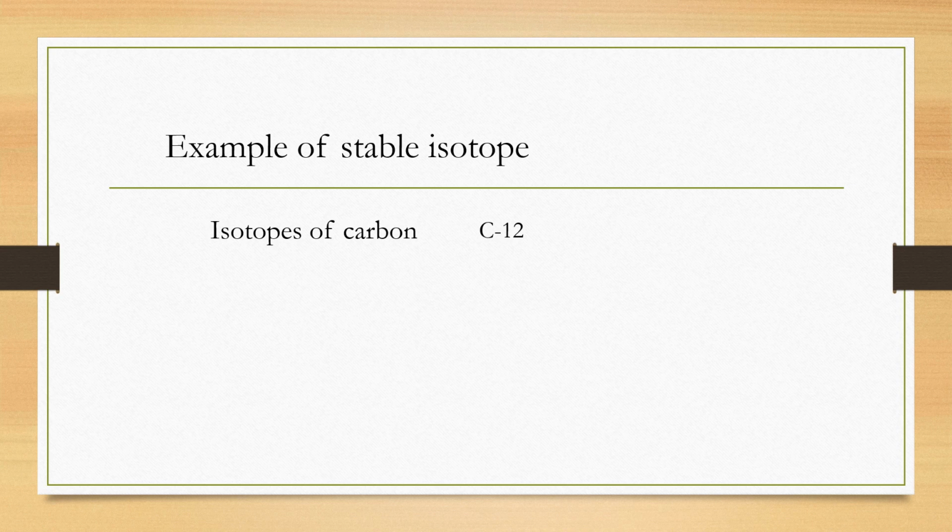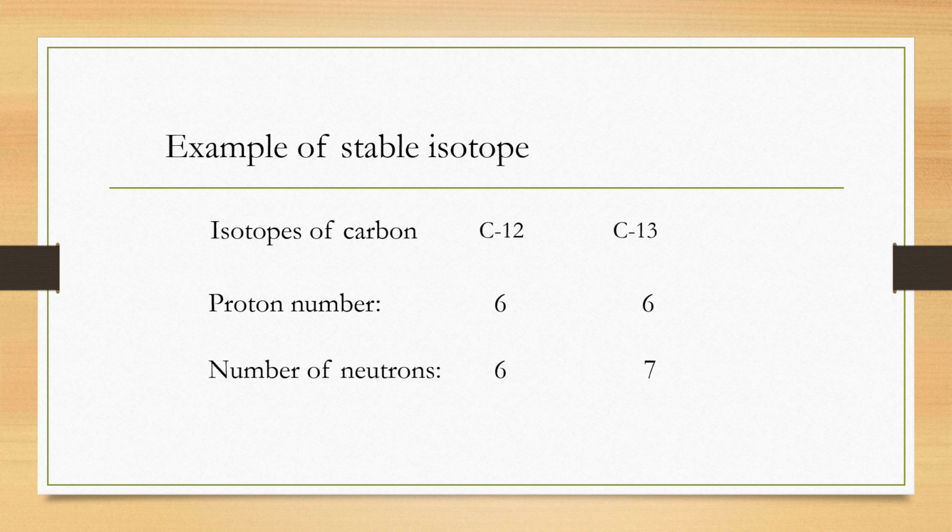We have carbon-12 and carbon-13. Carbon-12 and carbon-13 share the same proton number. However, they differ in the number of neutrons by 1.